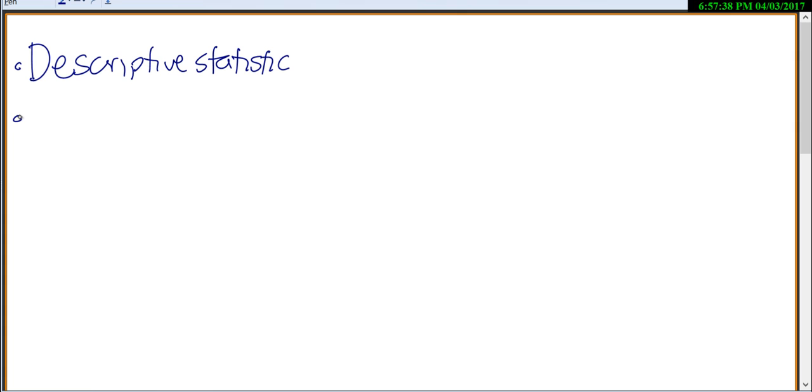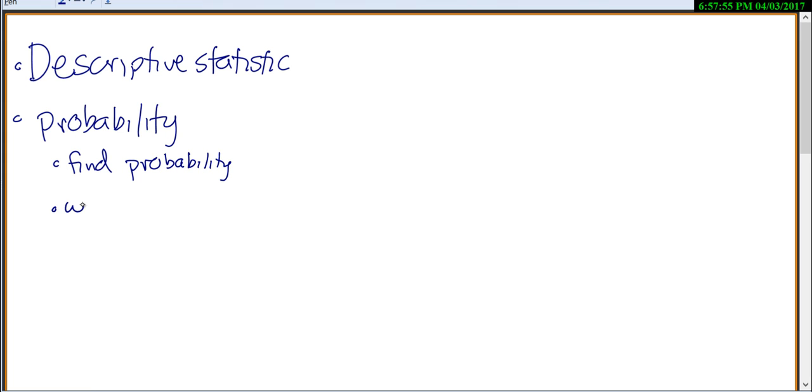And then we have probabilities. And I'll say things like, find the probability, or what is the chance, etc.